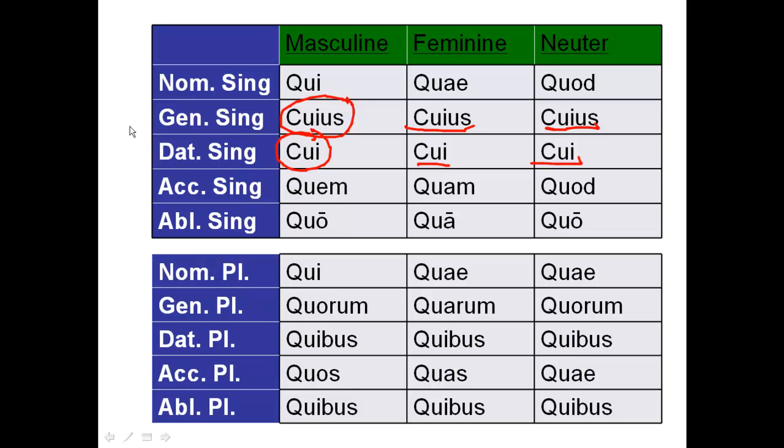The accusative singular, you just are going to have em, which is a traditional third declension ending for the accusative, and am, which is a traditional feminine first declension ending. Now, hopefully you remember that for neuter nouns, the nominative and accusative are always the same, so if you know the nominative is quod, then you're also going to know the accusative is quod.